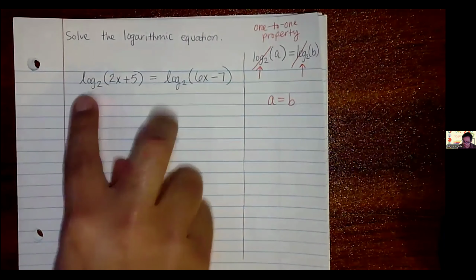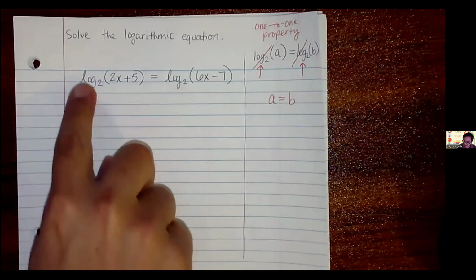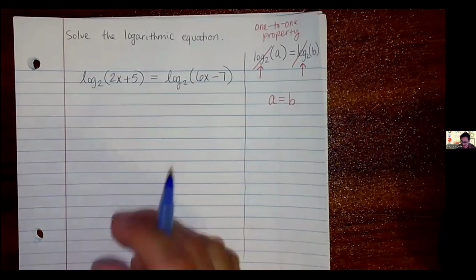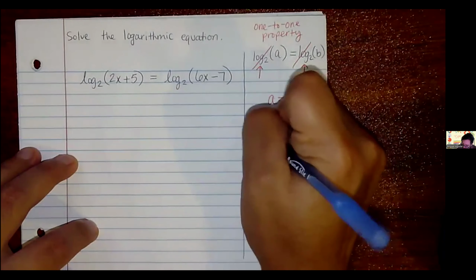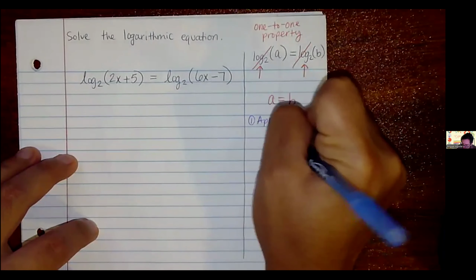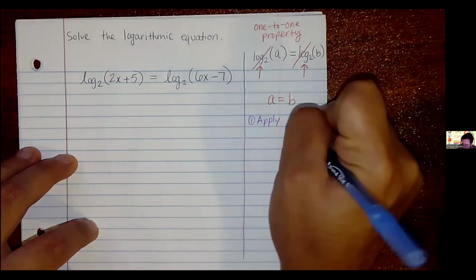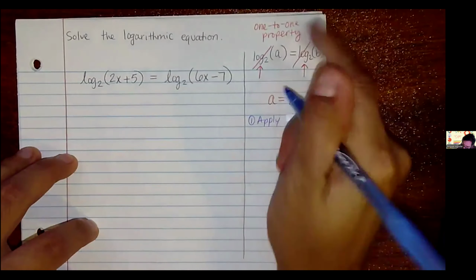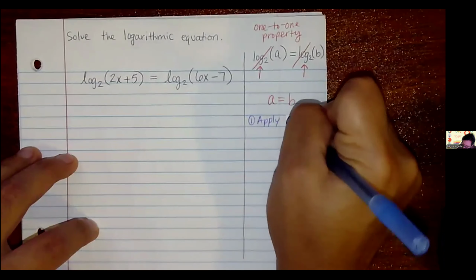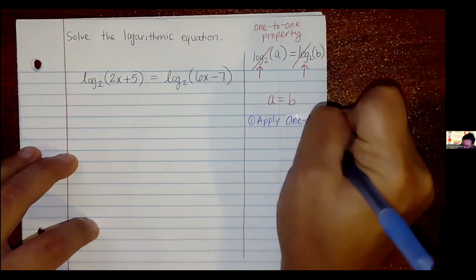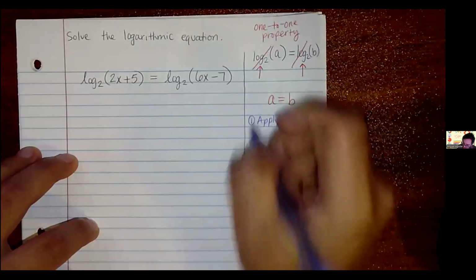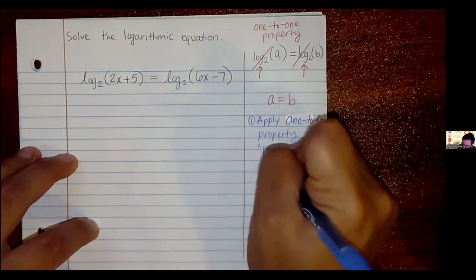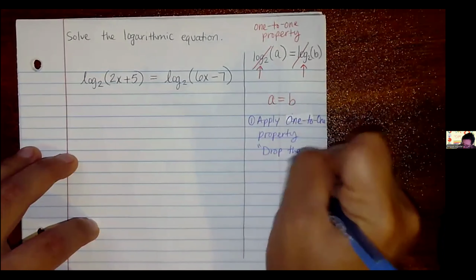So the first step here, if I acknowledge that I have log base 2 on both sides of the equation, and I have two logarithms, then the first step is going to be to apply the, not log function, the one-to-one property. I'm going to abbreviate that eventually as the number 1-to-1, but one-to-one property, which in other words, we can think of this as just drop the logs.